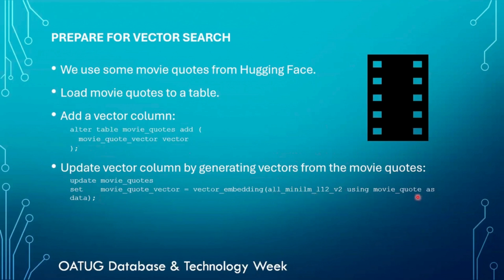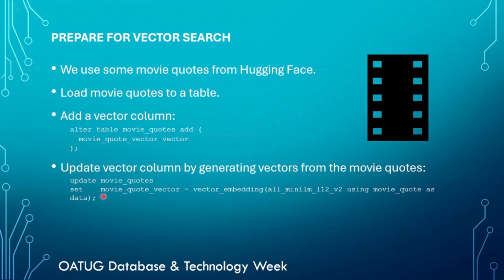Based on the movie quotes, I'm going to create vectors and store them in the table. It's going to generate vectors for all the movie quotes and then update the corresponding row with that vector. So it's going to have numerical values in that column.